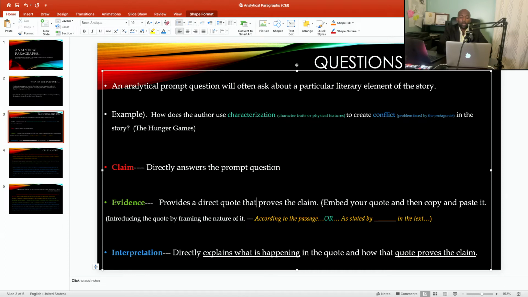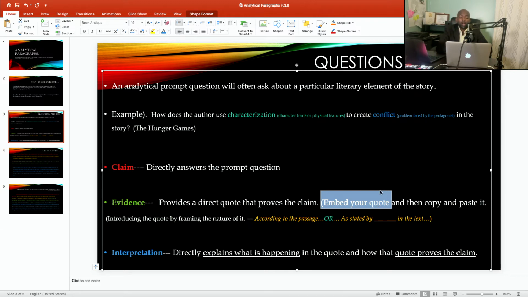You always want to give some kind of embed to the quote. And embed just means to introduce the quote using an intro phrase or perhaps a sentence idea that announces what the quote is about first before you just copy and paste it and stick it in there.